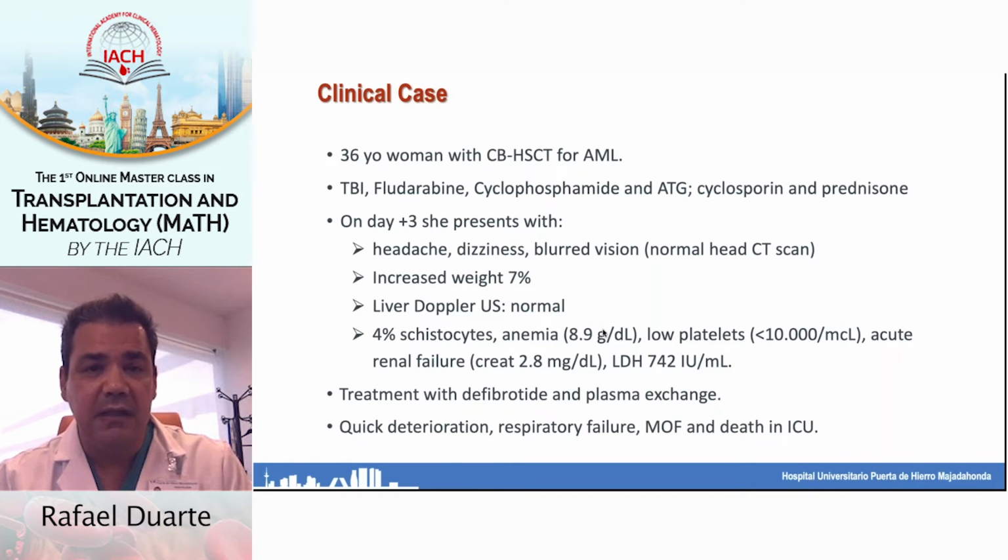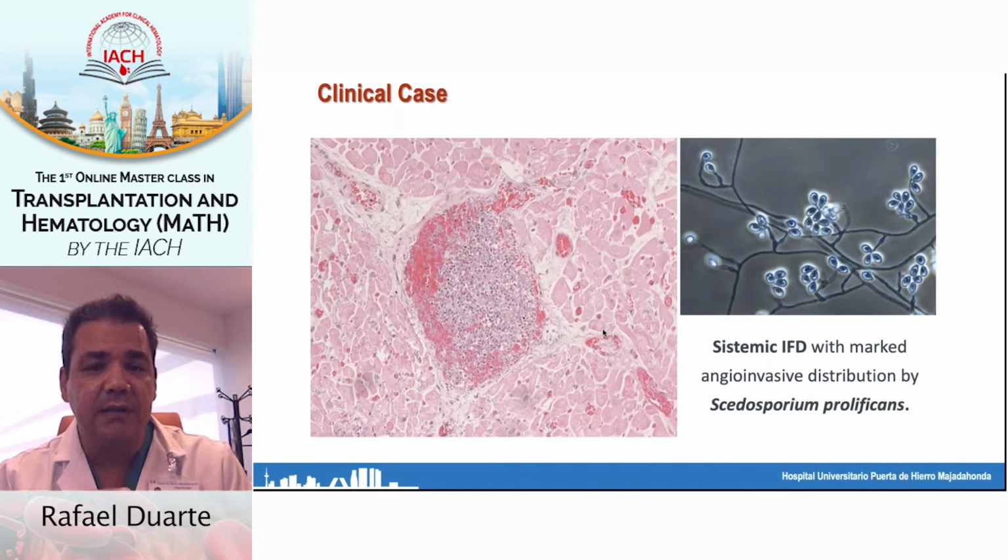What caused this? These patients are complex. This lady had a systemic fungal infection with Scedosporium prolificans that was identified only after the patient died, in post-mortem analysis; we were never able to diagnose it prior to death.